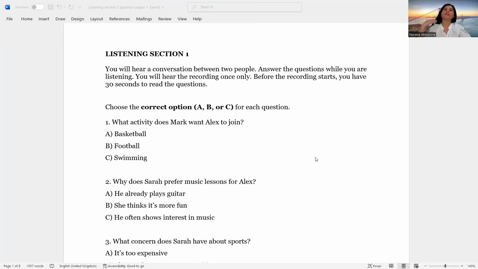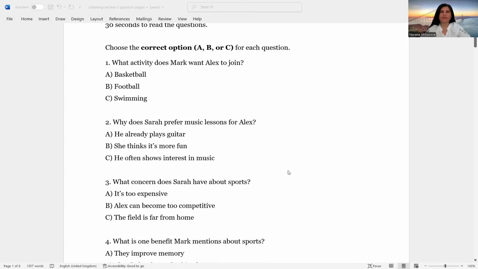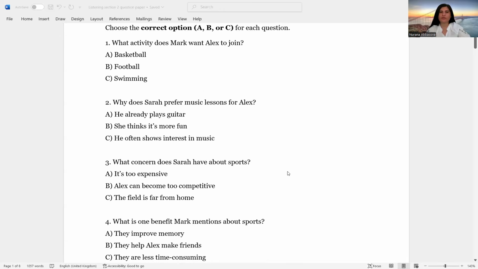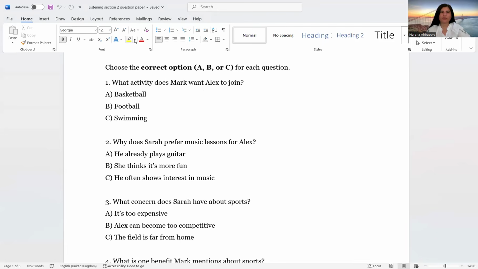So you have 5 listening sections, and the first one is B1 level of listening section. It means that the topic is easy. There are 2 people who have a conversation. Topic is an everyday topic. You will have 3 questions first. Then for 3 questions, you will be given 30 seconds to read them and make some notes if you can, of course.